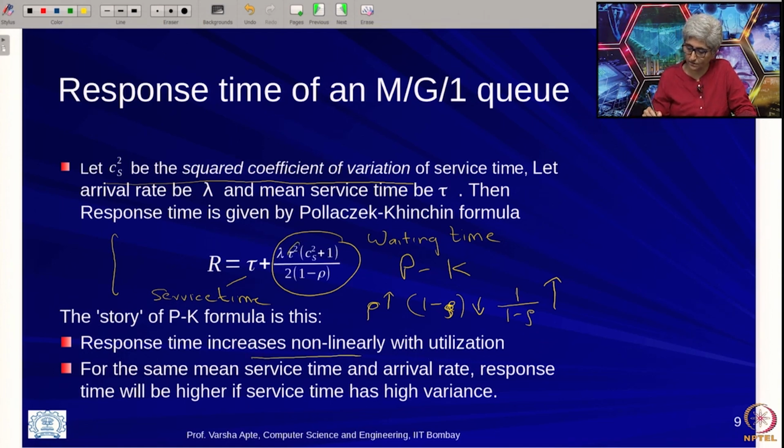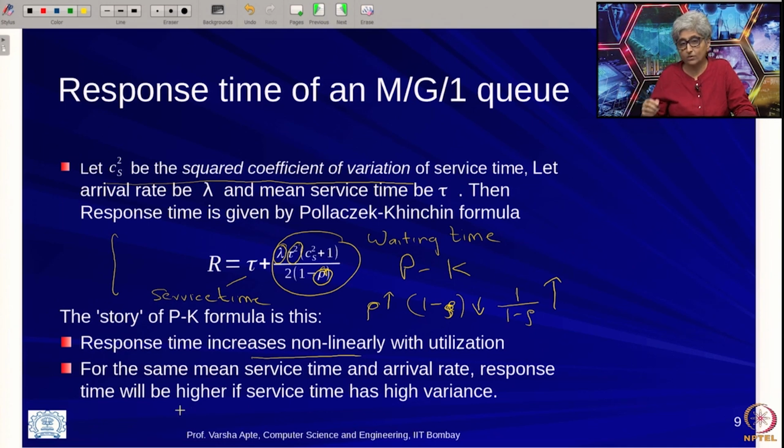And if the mean is the same, and the arrival rate is the same, the mean of the service time is the same, that means utilization is going to be the same, right. If utilization and mean service time are the same, still the response time will be higher if the coefficient of variance of the service time is higher.